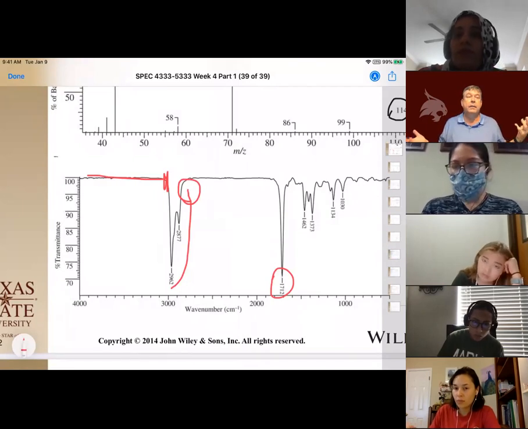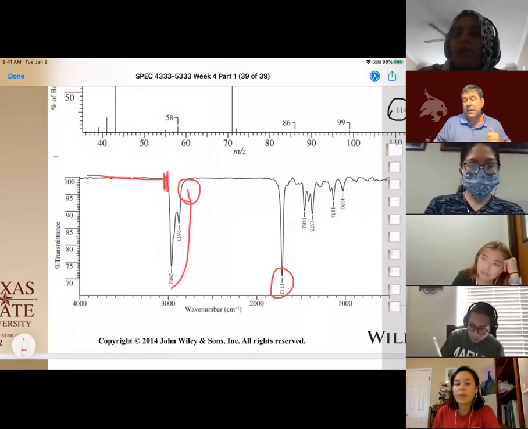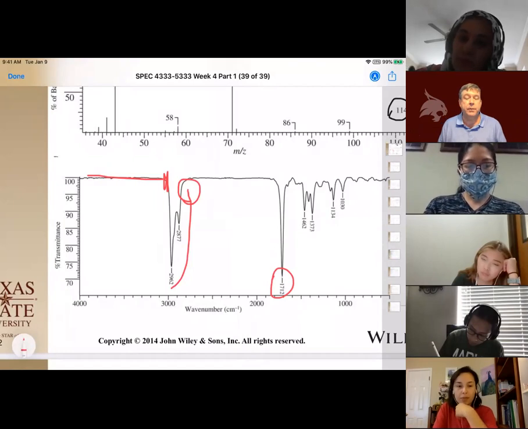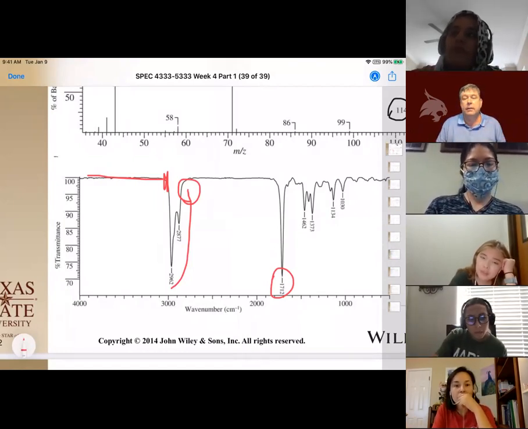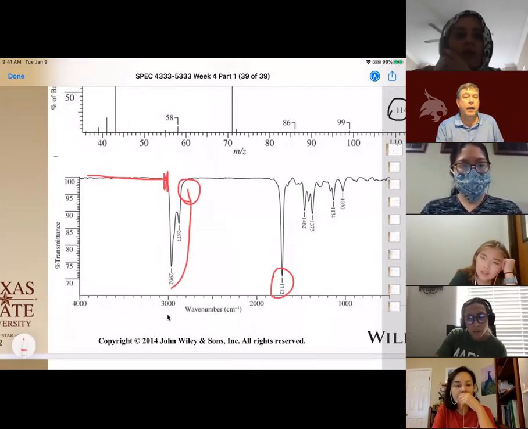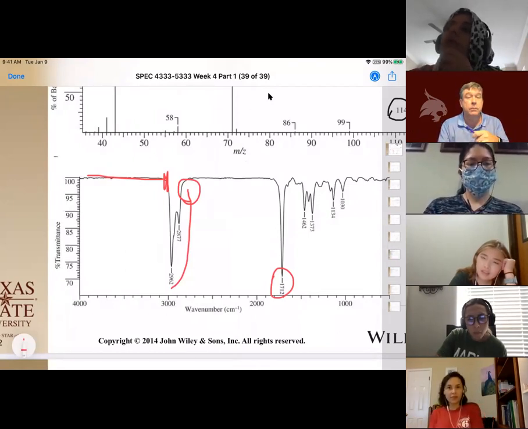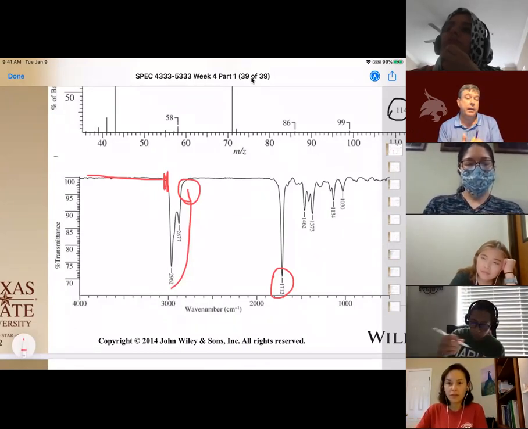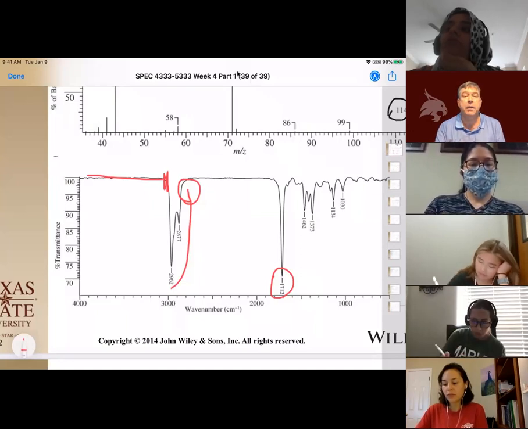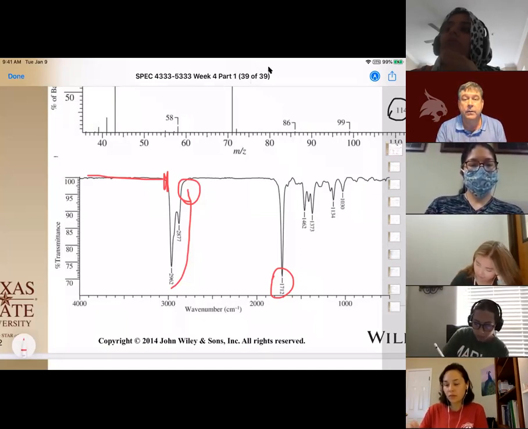And that is a 17, right at between 1720 and 1700. So we're suspecting that is a ketone? Carbonyl? A carbonyl, possibly a ketone because it's right in the middle, right? So it's definitely a carbonyl, probably a ketone because it's right in that middle zone. Okay, so that's great.